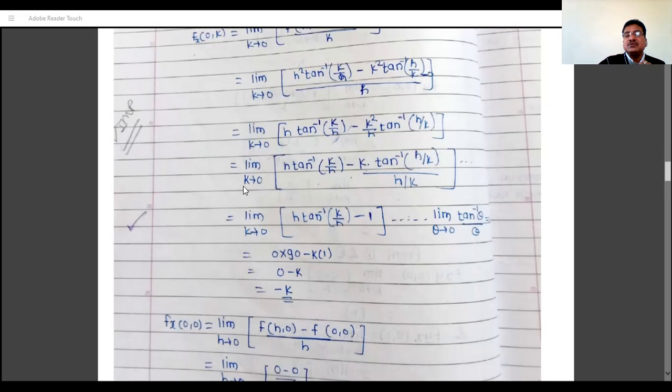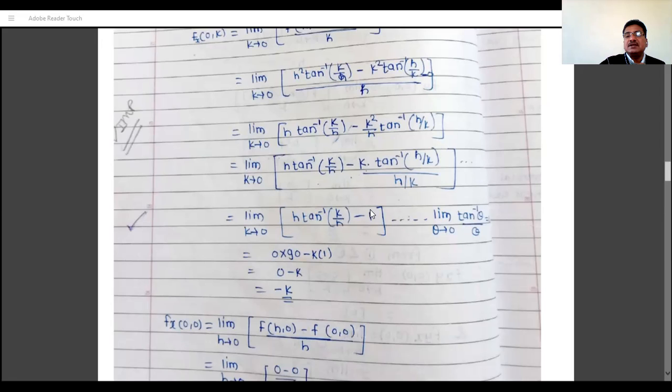So as h tends to 0, tan inverse h by k also tends to 0. So theta tends to 0 means tan inverse h by k divided by h by k, this limit is 1, and the limit of k is itself k because the limit is h tends to 0. So write it here k, correction is k, then h tan inverse and its limit is 0.